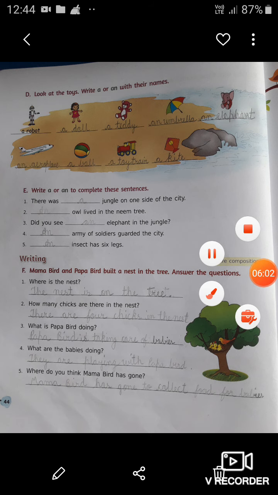Now let's come to the fourth one. Blank army of soldiers guarded the city. Here you have to write an, because the word army begins with a vowel sound. An army of soldiers guarded the city. Now let's come to the fifth one.